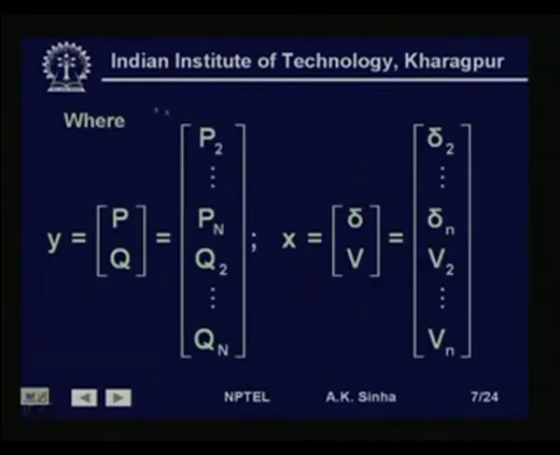Now, we have y equal to p and q, where vector p is p 2, p 3 up to p n, and q will be q 2, q 3, q 4 up to q n. Here we have assumed that bus 1 is a swing bus or a slack bus.